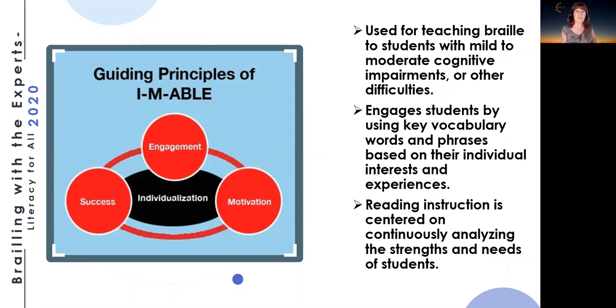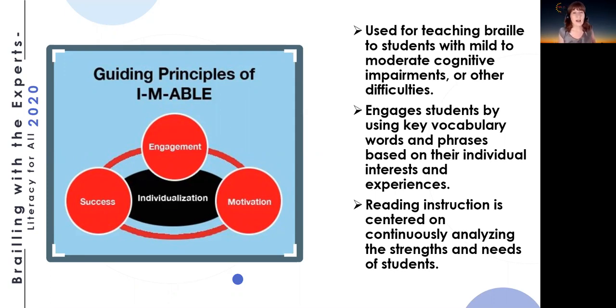So if you have a student that's really been struggling to learn the Braille code, this is a really good method that you might want to try. It's very engaging for students. It's specifically geared toward key vocabulary that is motivational towards them and is based on their interests and experiences.